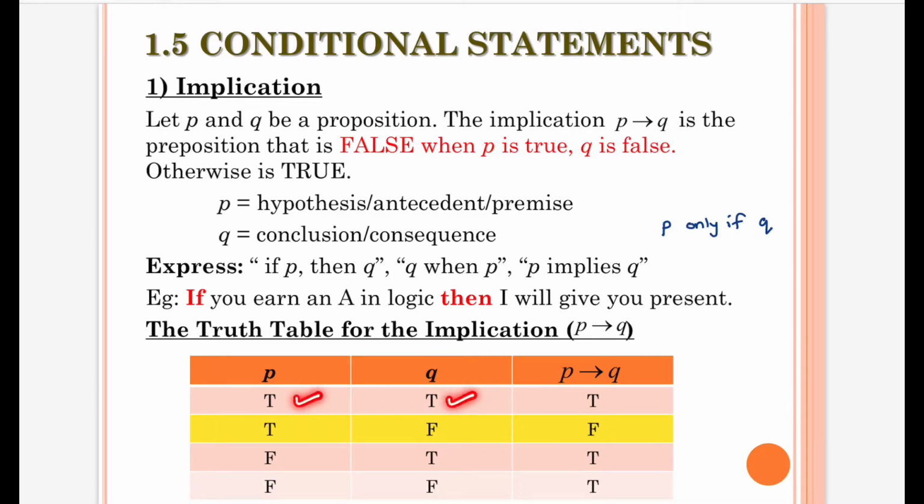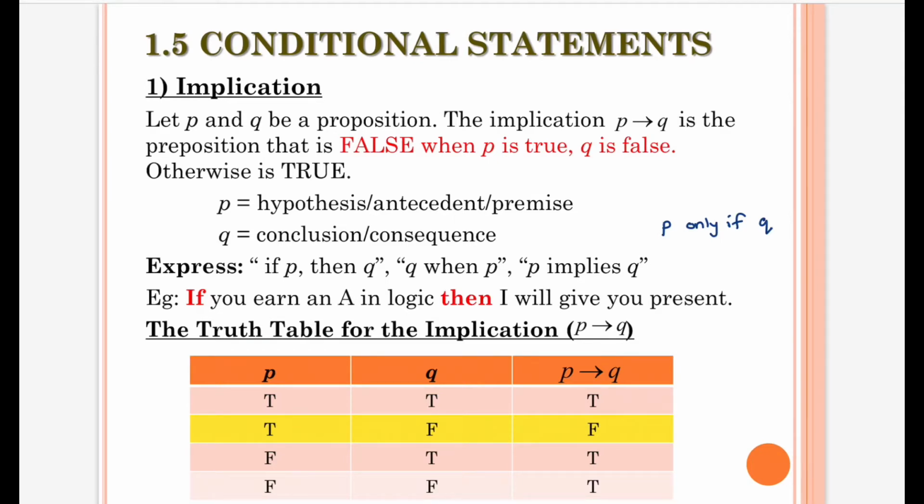P true, Q true, then P implies Q must be true. The second row is false because Q didn't follow P. So this is false. And then row number 3, you will get T because it doesn't invalidate the original statement.